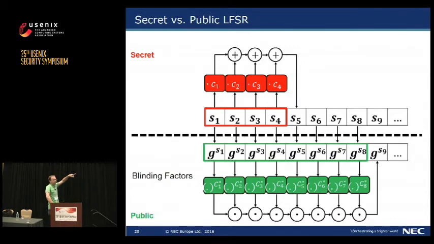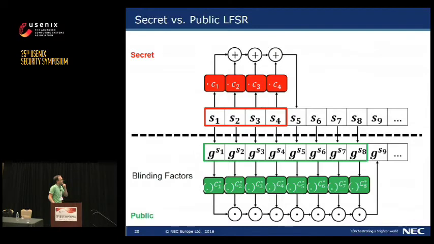So this is much faster to compute for the exponents, but you could give out the public one, which is expensive to compute for the blinding factors. And it is not possible to transform the public one into the secret one. So now, besides that you have to multiply in the public one and only do additions in the secret one, we could apply another trapdoor.